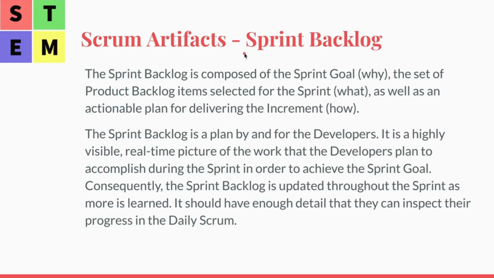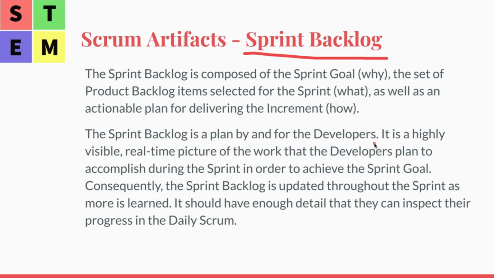so sprint backlog. The sprint backlog is composed of the sprint goal, why, the set of product backlog items selected for the sprint, what, as well as an actionable plan for delivering the increment, how. Okay, the sprint backlog is a plan by and for the developers.